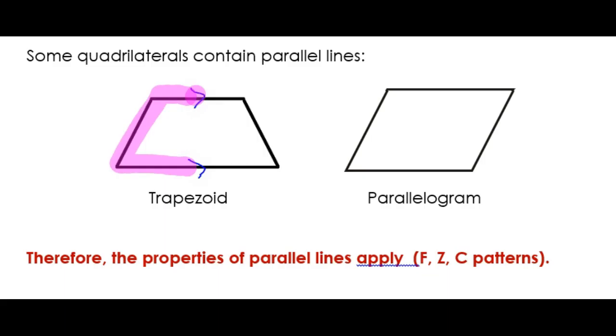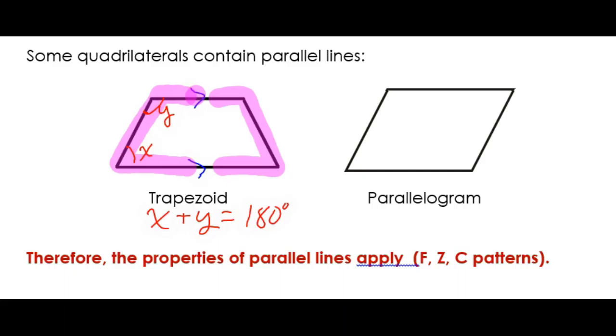So that means that this angle here and this angle here, I'm going to call the first one X and the second one just above it Y. I know that X plus Y has to equal 180 degrees. That's C pattern. Right? So remember, I could also draw a backwards C, and that same property would be there as well.